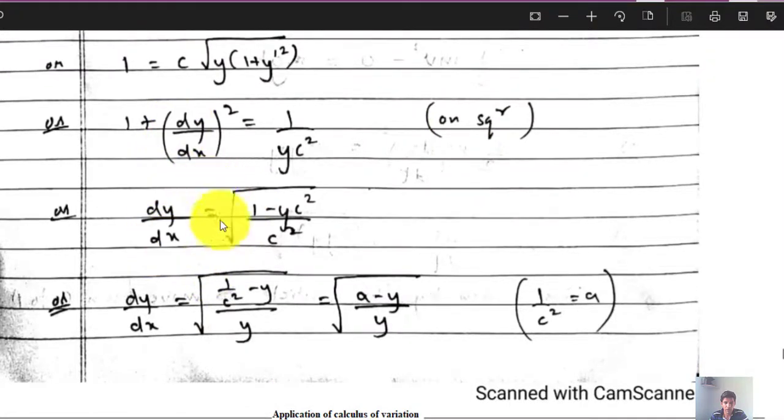Therefore dy by dx is equal to square root of 1 minus y c square divided by y c square, or dy by dx is equal to 1 divided by c square minus y divided by y, which is equal to a minus y divided by y, because 1 by c square is equal to a.